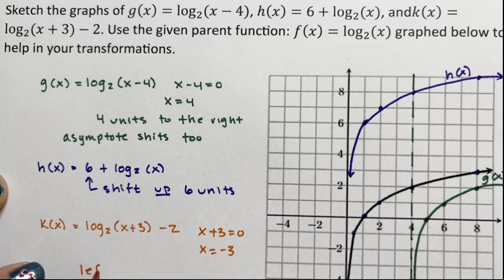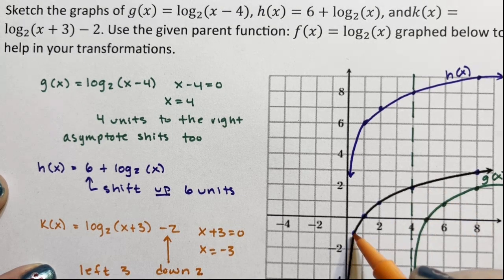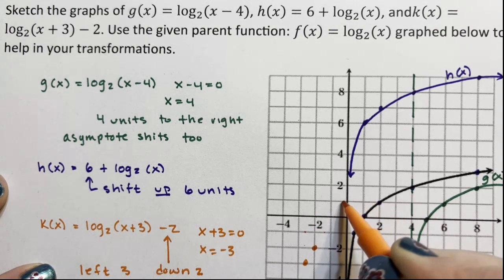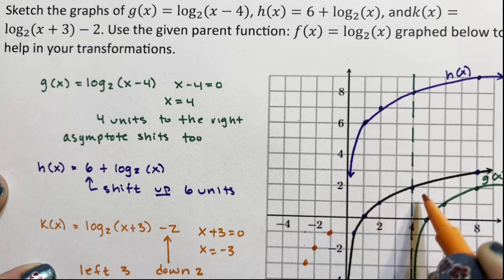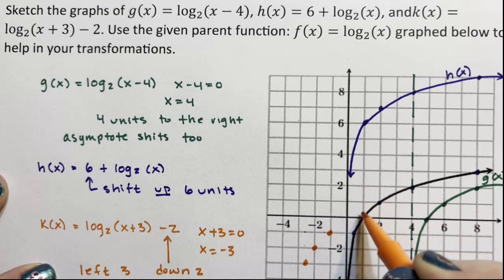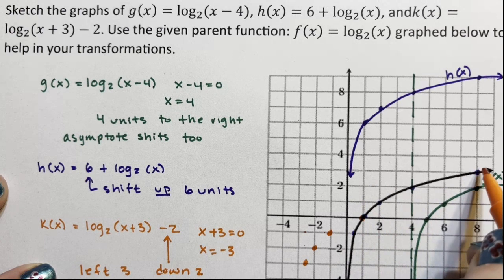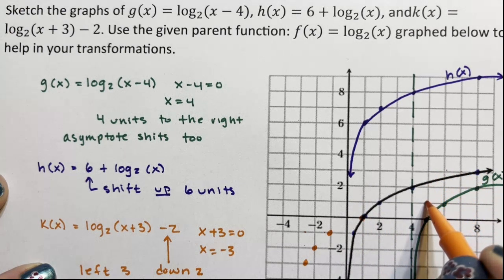So I want to go left 3, and this is down 2. So each of these points is going to come left 3 and down 2, left 3 and down 2, left 3 and down 2, left 3, hey, that's the same point.